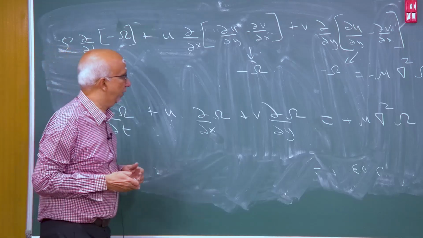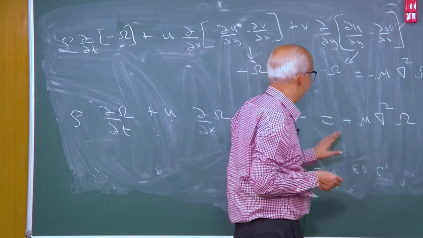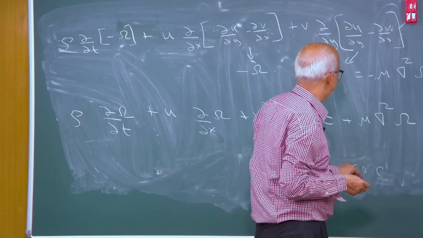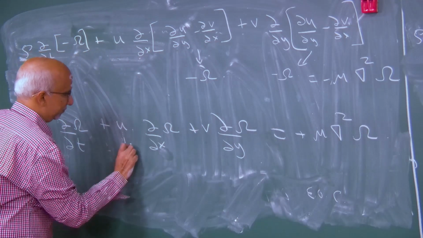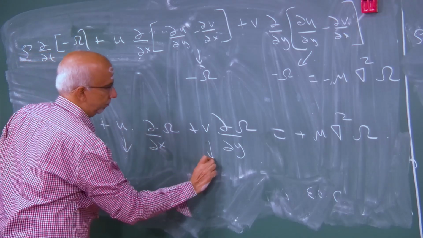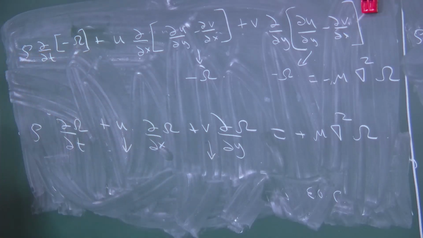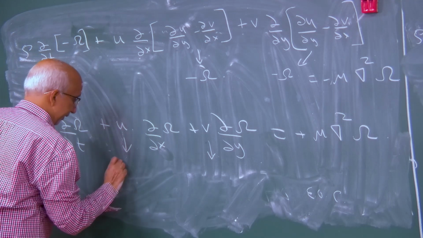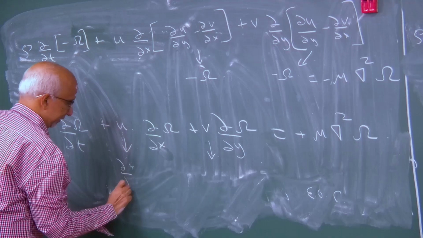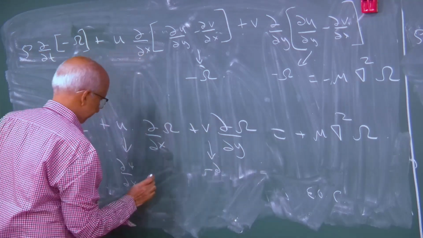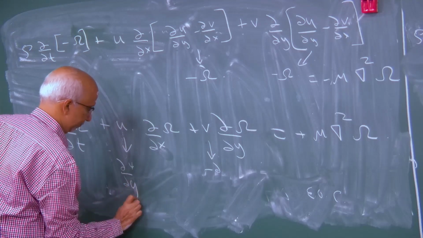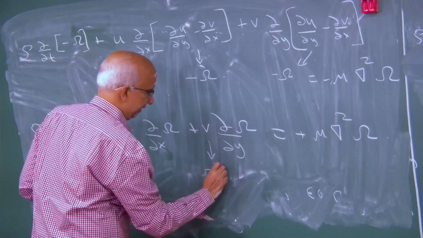The other important point I want to mention is that I can write this in terms of the stream function. What is u in terms of stream function? u is d psi by dy, and v is minus d psi by dx.